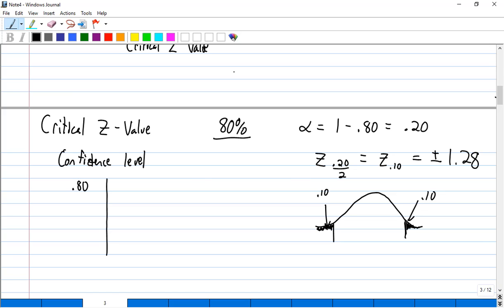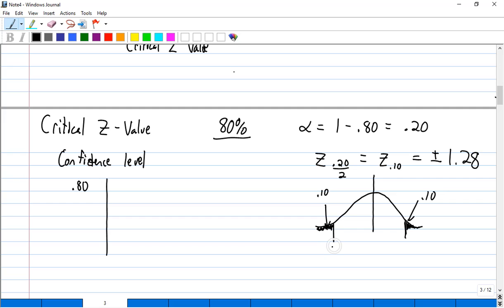What do I get when I add 0.10 and 0.10 together? 0.2, the alpha that I had. But since I have to worry about a critical value on both sides, that's why I had to divide it by 2. So I'd know what area to look for. Okay, so remember here in the middle z is 0. So what do you think this z-score is here?